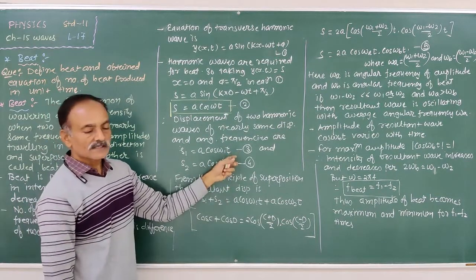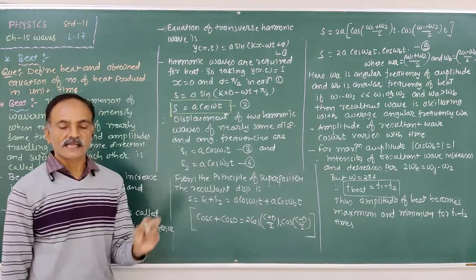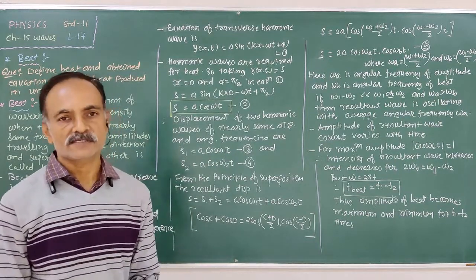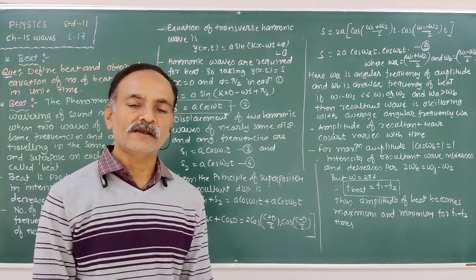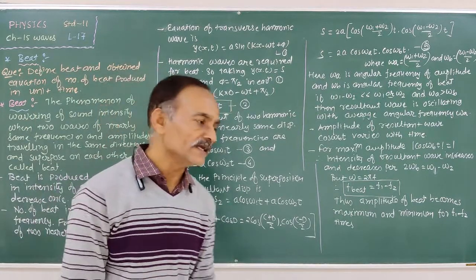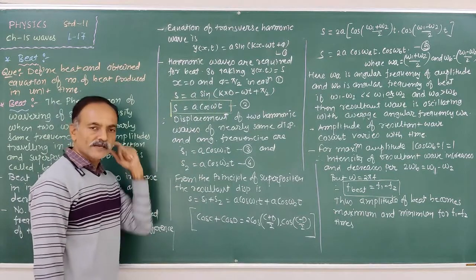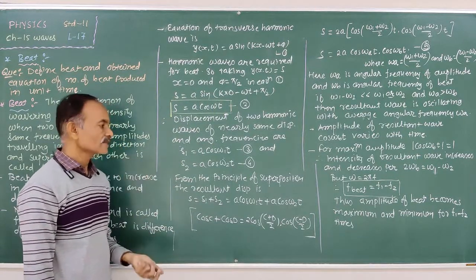So these are the equations of the two harmonic waves with slightly different angular frequencies and slightly different amplitudes. Clear this? Okay.